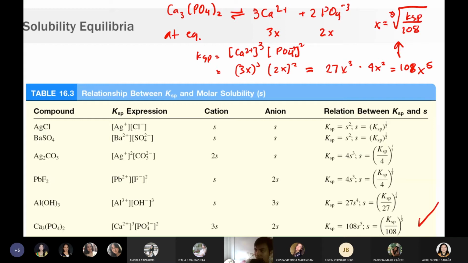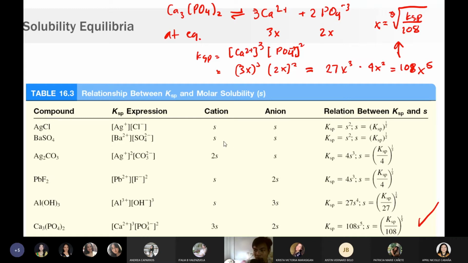Okay, so yun yung reason bakit ganun yung lumabas dito. So as I told you, you can do the ice table, better yon. But if you could remember these shortcuts, that will be also good, no? Kasi ang gagawin mo na lang dito sa shortcuts natin to solve for the solubility is just identify if that's 1 to 2, 2 to 1, 1 to 3, or 2 to 3 ratio.